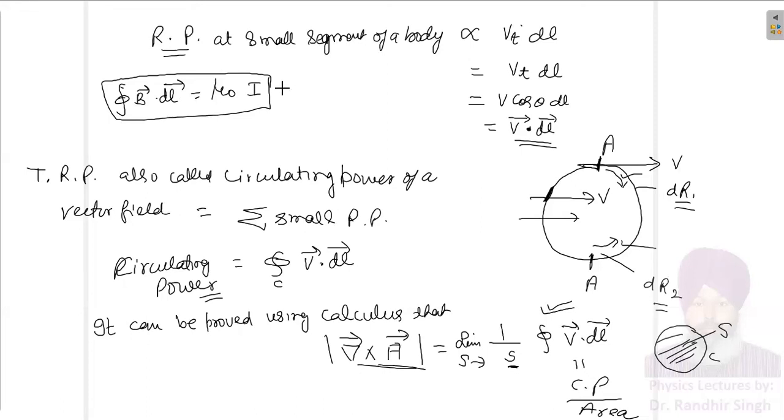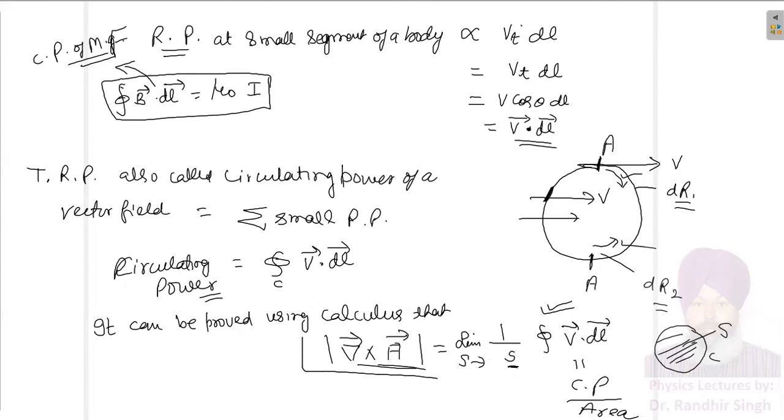That is not correct. Actually, this is the circulating power of the magnetic field. That is why it is called Ampere circuital law. Circuital does not mean circuit here, but circulating power or rotating power. So the circulating power of the magnetic field is always equal to mu naught times the current threaded by the closed path.